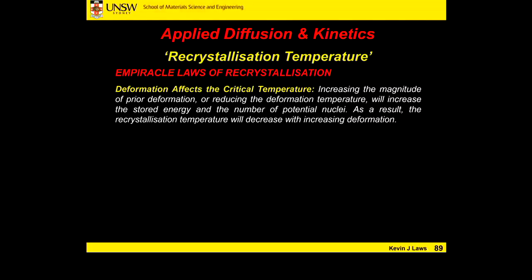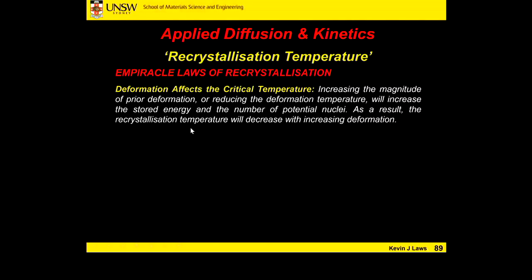After saying that there's a critical temperature, we come back to this codependence. Deformation affects the critical temperature. By increasing the magnitude of prior deformation, and we can think about this in how much we're reducing our sheet material when we roll it, 50%, 60%, 80%, or by reducing the deformation temperature, we increase the stored energy and the number of potential nuclei for recrystallization.